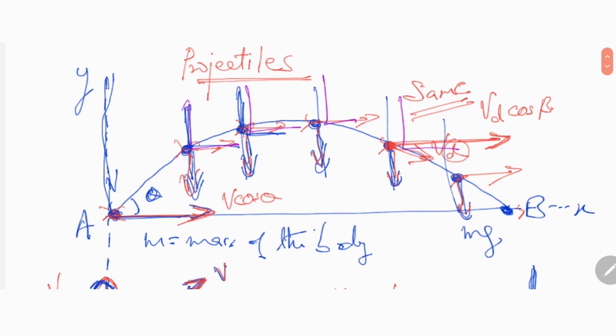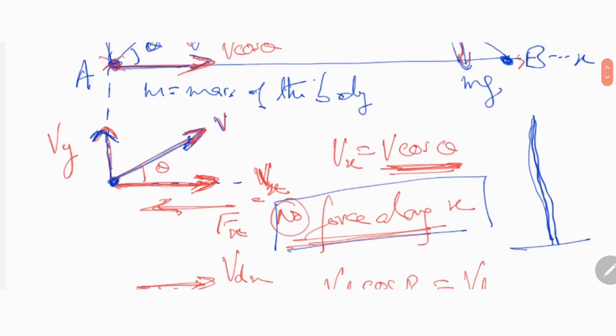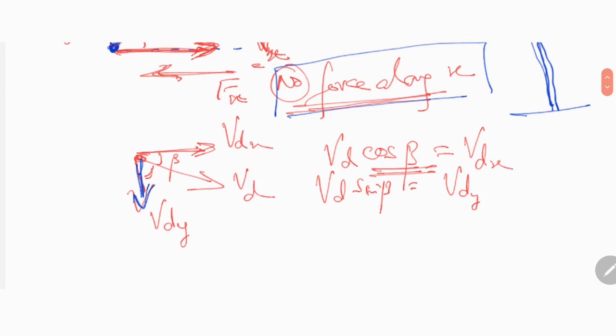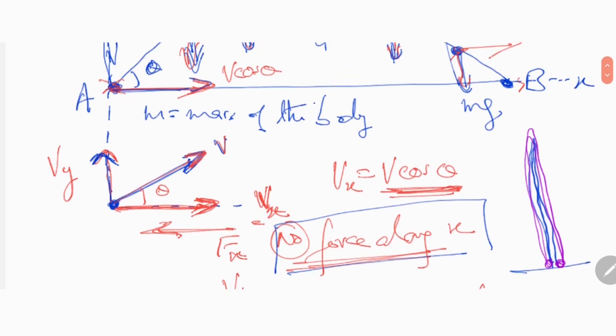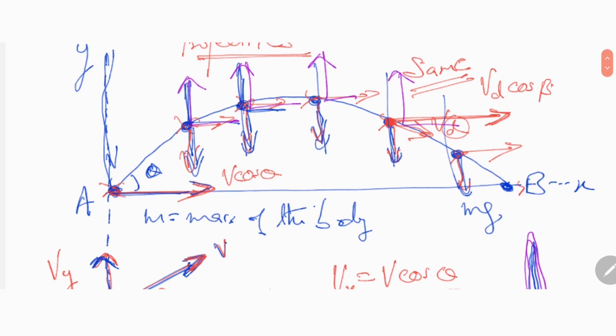In the y component, the object's movement will be exactly as when an object is thrown upwards and allowed to fall down straight. The behavior will be exactly the same, because the only force acting on it is the acceleration due to gravity, which is g. This is a very, very important concept. If you don't get this, you will not understand my next class, where we will be deriving some formulas.